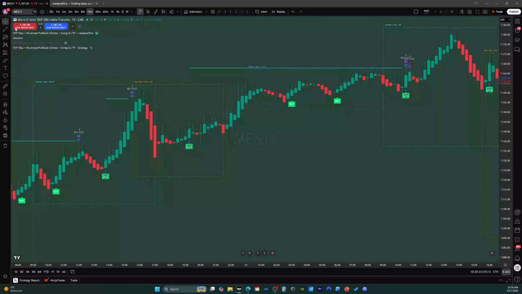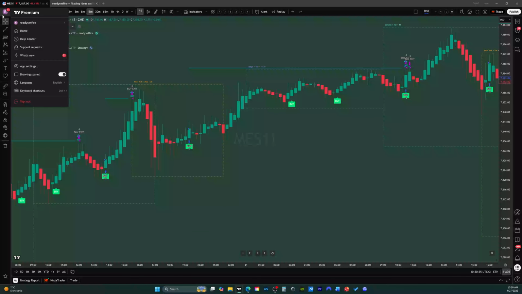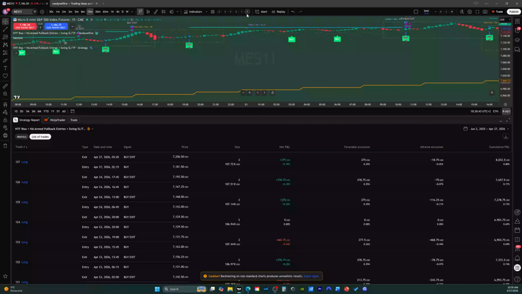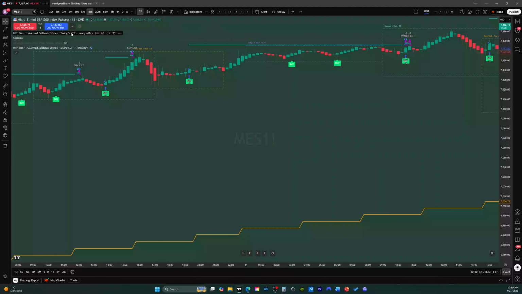Again, this indicator is on TradingView. It's called, that's not the actual name though. I think I called it bias. What the hell did I call it? I need to update this.